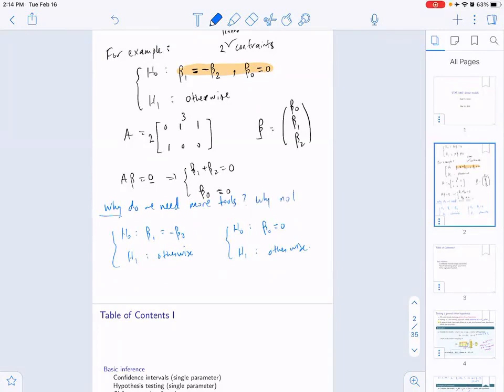Why not do 2 separate t-tests? First, we can do these using t-tests. So this should be obvious that this hypothesis we can do using a t-test.